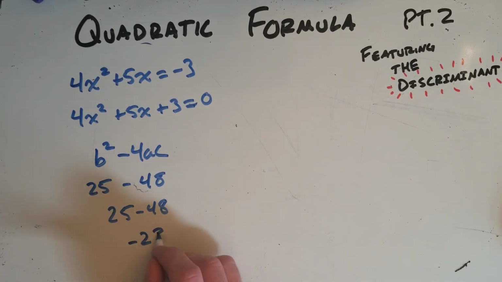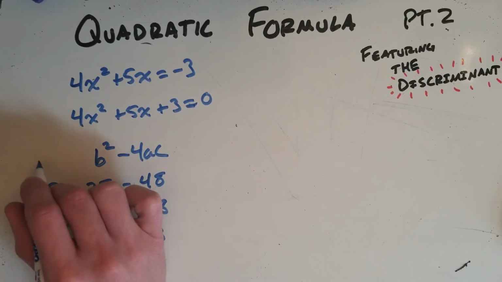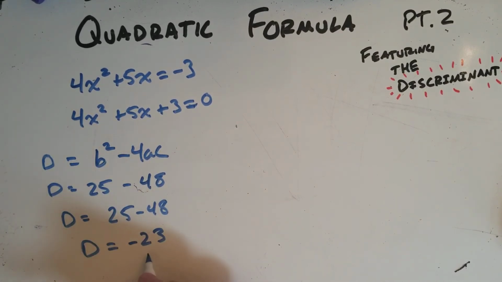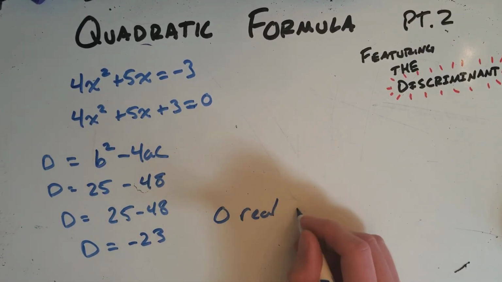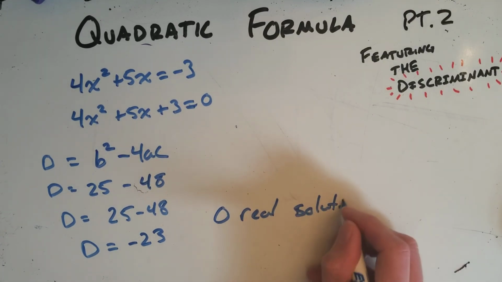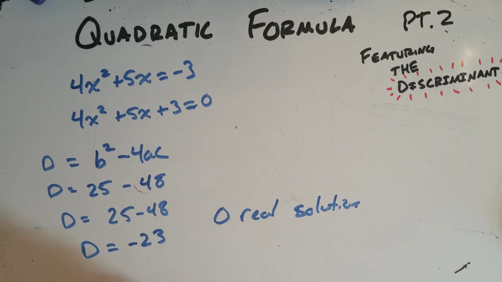So our discriminant, capital D here, is equal to negative 23. That's the value. Since it's negative, we would be taking the square root of a negative, so there are 0 real solutions, just based upon knowing that the discriminant is a negative number.